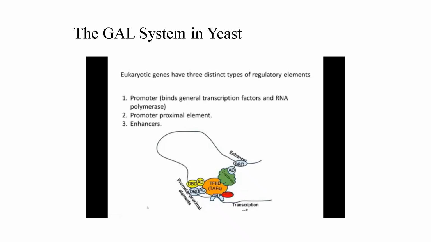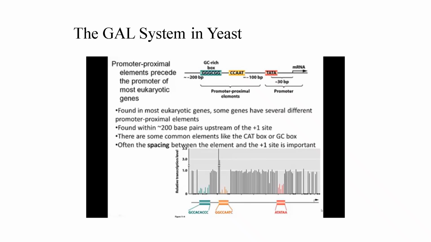And these act in the same way. They have transcriptional regulators, so transcription factor proteins that bind to them and can help to activate or repress transcription of that particular gene. So we'll talk about promoter proximal elements first.